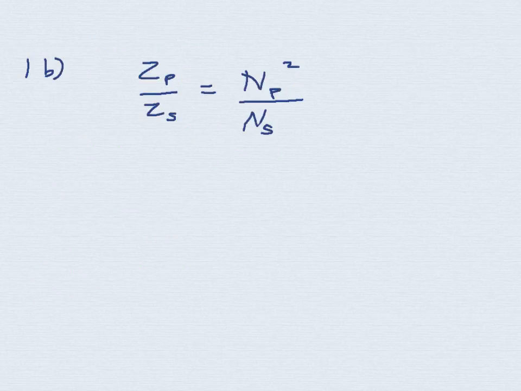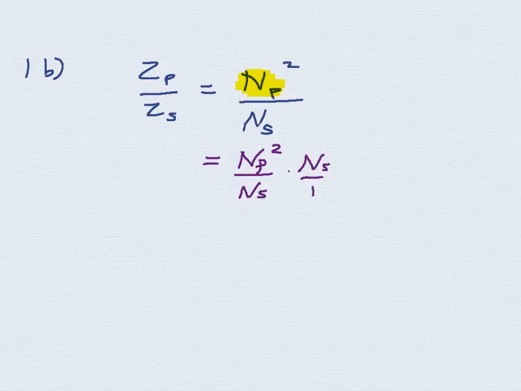Part B, you're asked to solve this equation for the NP. So first of all, we need to get rid of the NS on the bottom, because that's interfering with the NP squared on the top. So if you take the NP squared, which is now divided by NS, and multiply that by NS, on the top, really it's over a 1.